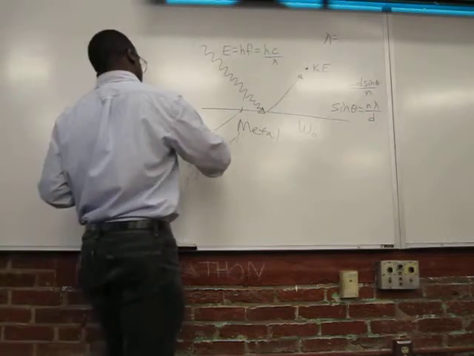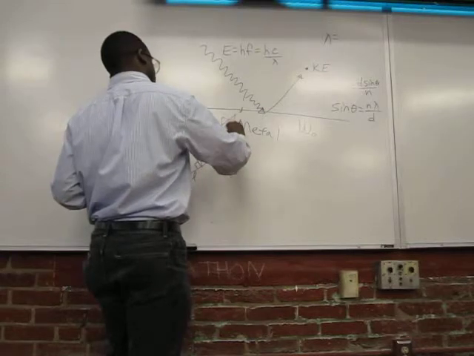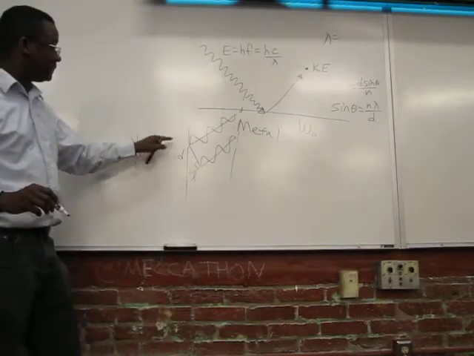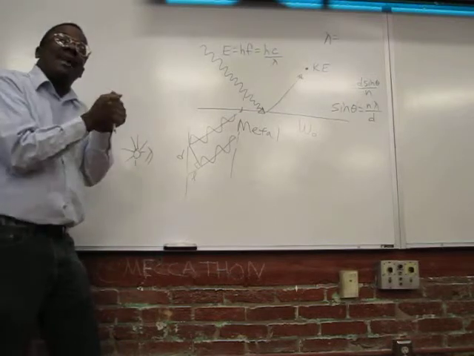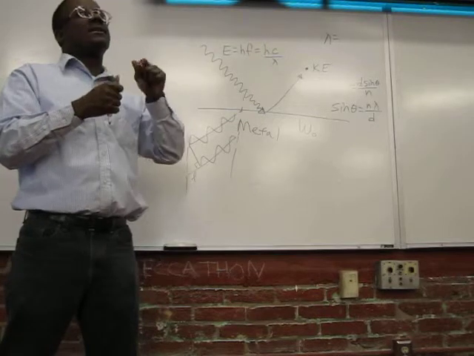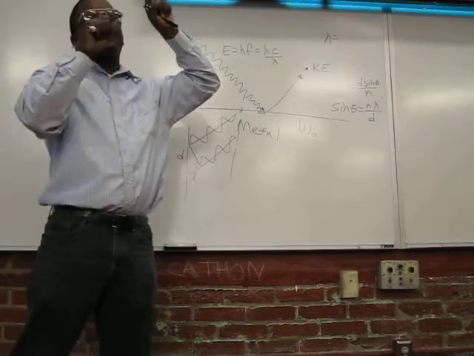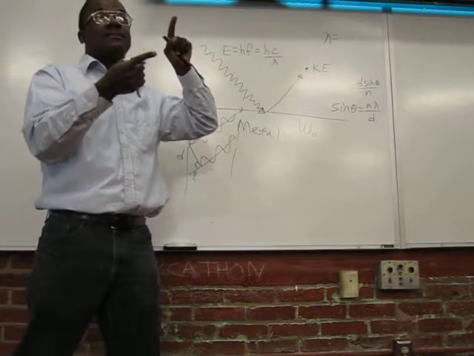So I've got light propagating like this and light propagating like this from these two different holes. Because they reach the screen at different times, they're going to be at different phases. One's probably going up while the other is almost at the top, or one might be completely down.